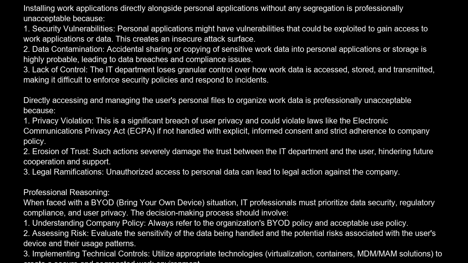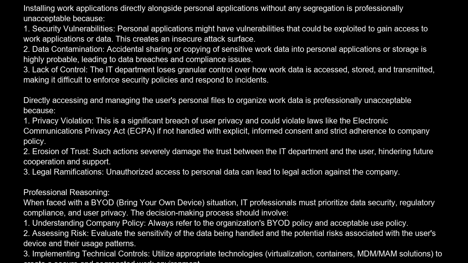Professional reasoning. When faced with a BYOD, bring your own device situation, IT professionals must prioritize data security, regulatory compliance, and user privacy. The decision-making process should involve 1. Understanding company policy. Always refer to the organization's BYOD policy and acceptable use policy. 2. Assessing risk. Evaluate the sensitivity of the data being handled and the potential risks associated with the user's device and their usage patterns. 3.